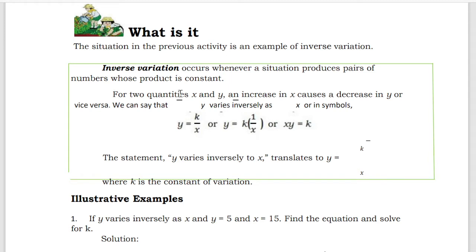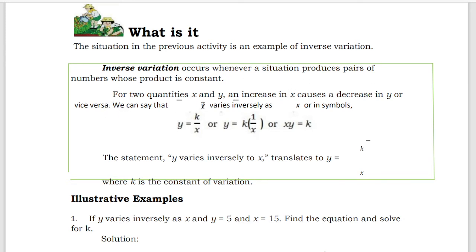So for two quantities x and y, an increase in x causes a decrease in y, or vice versa. So a decrease in x causes an increase in y. So it can be vice versa.